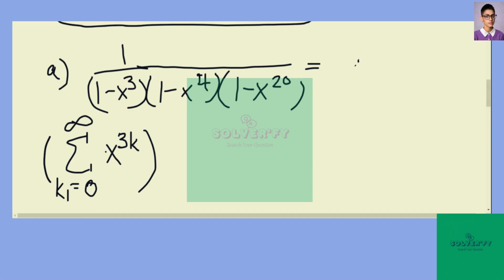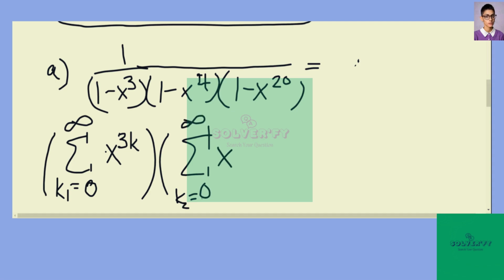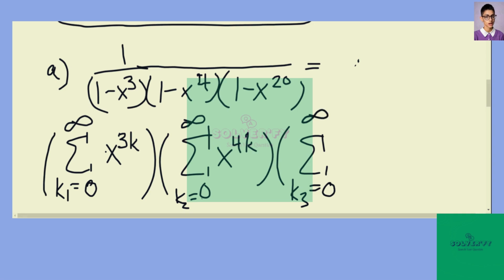times the sum from k2 equals 0 to infinity of x to the 4k times the sum from k3 equals 0 to infinity of x to the 20k, and we're just going to find the coefficient of x to the 46th.